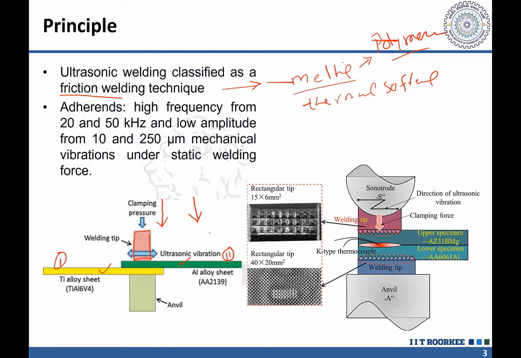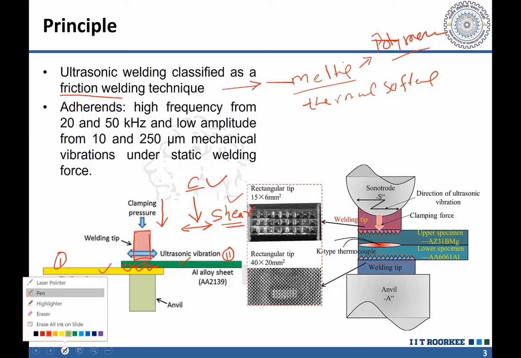These mechanical vibrations mostly act laterally, in the plane parallel to the joint interface. The combination of the compressive load and the shearing kind of movement through these mechanical vibrations leads to a lot of interfacial heat generation due to friction, and that is what we can see here in this other diagram.